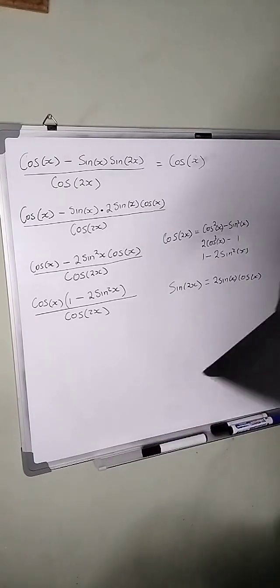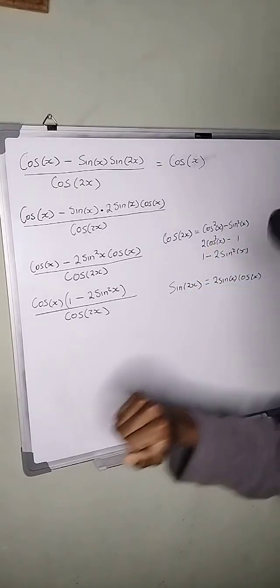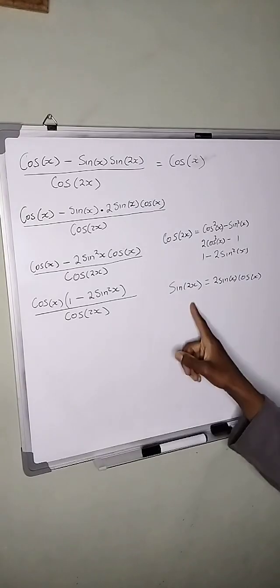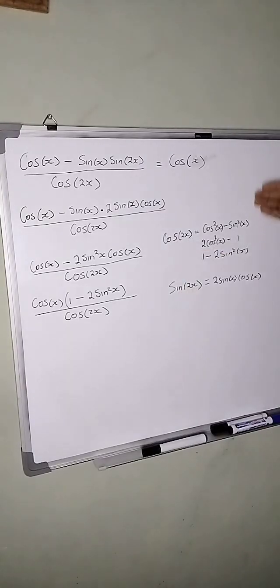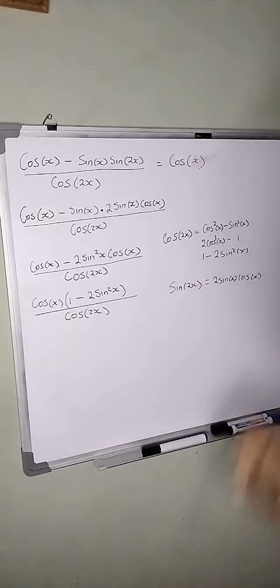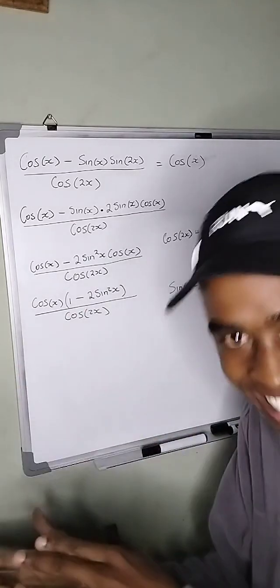And this one has 3 identities. But among these 3 identities, you have to choose the one which will work for you. You don't just choose any. Not every identity will work in any case.